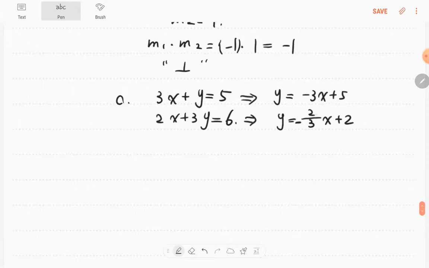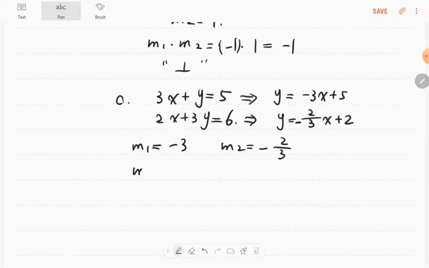The coefficient of x is the slope. So slope 1 is negative 3 and slope 2 is negative 2 over 3. First, we compare these two slopes. They are not the same, so they will not be parallel to each other because they are not the same number, right?